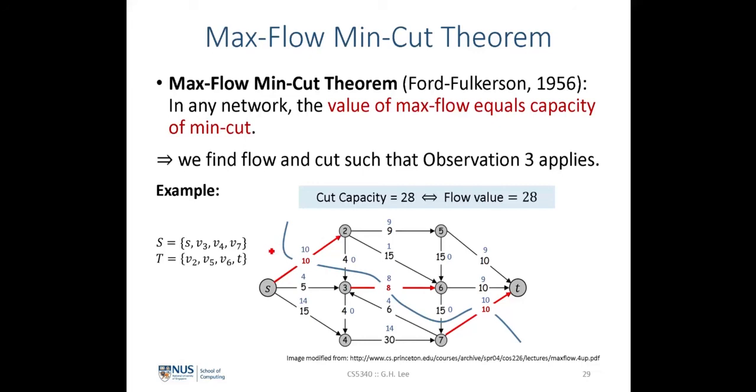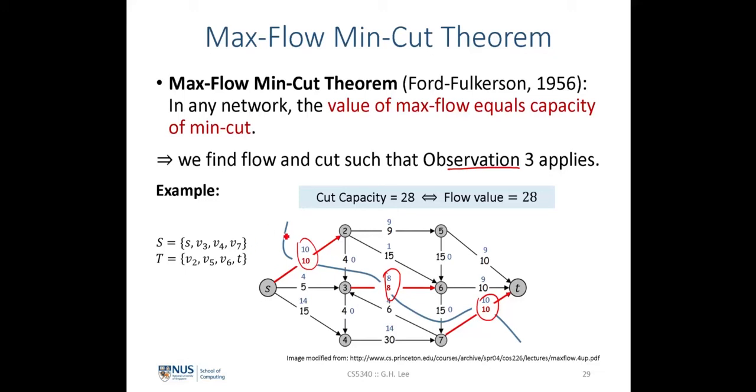And the next thing we need to do, according to observation 3, is to find all those edges with the same capacity as the flow that is sent across from the max flow. In this case, we see these 3 edges where the amount of flow sent across is equal to the maximum capacity of those edges.